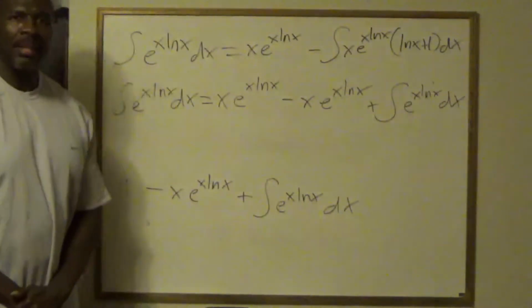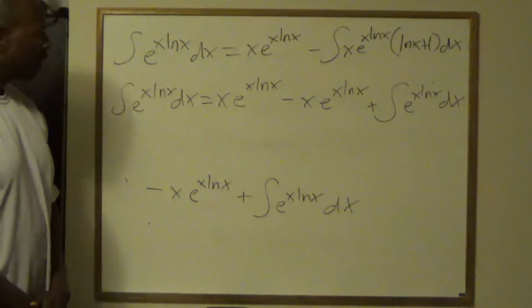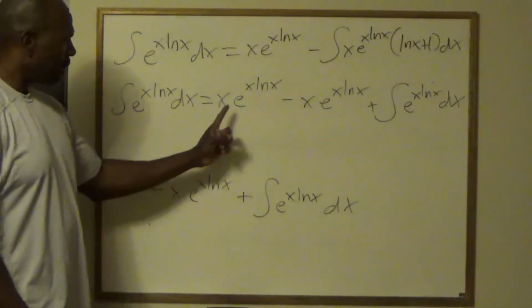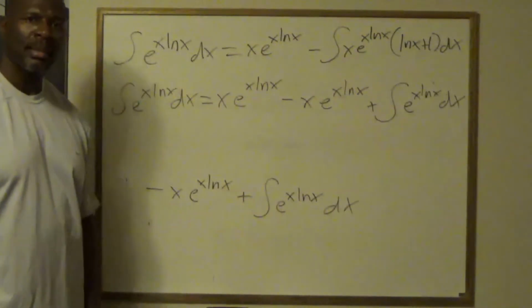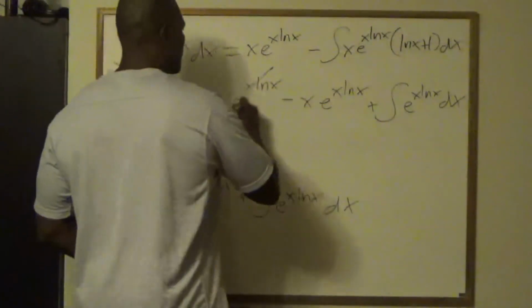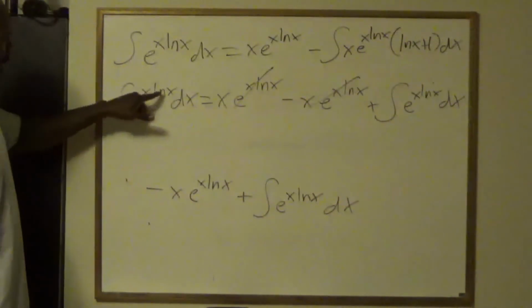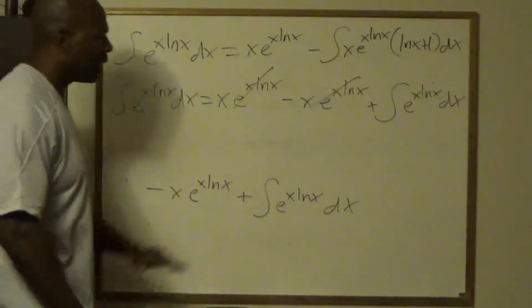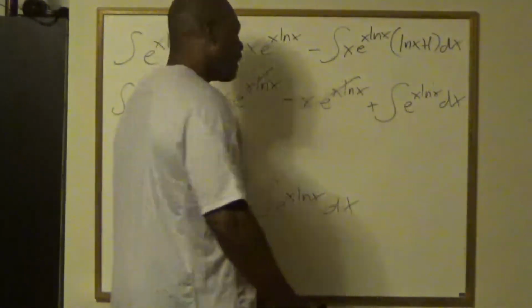And then I realized something. So look what happens here. You have x times e^(x ln x) minus x times e^(x ln x). That cancels. You have an integral of e^(x ln x) dx on this side, and an integral of e^(x ln x) on this side. That cancels.